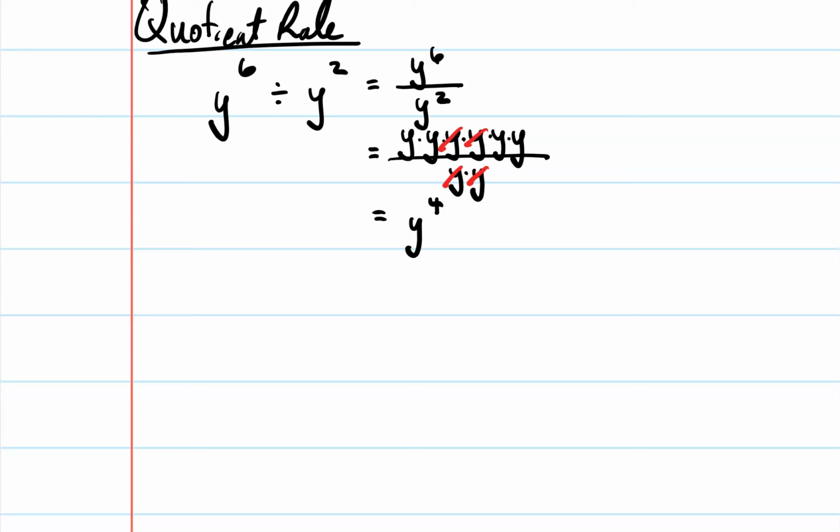So what would the shortcut have been? If we had started with y to the 6th divided by y to the 2nd, what do we do with those exponents when the bases are alike and they divide one another? The result ends up being a subtraction of those two exponent values, and that's where we get y to the 4th power. So there's an example of our quotient rule.